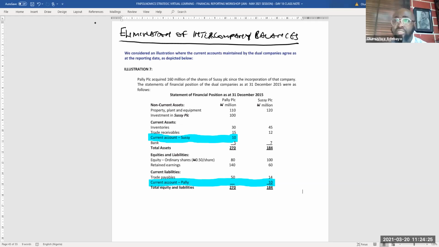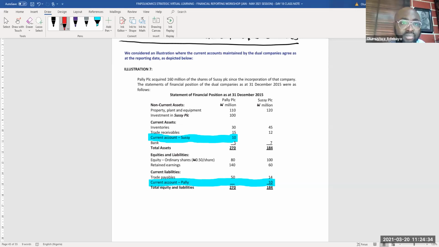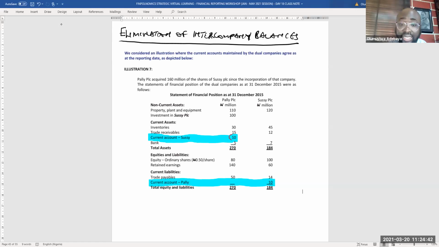What it simply means is that the parent may have sold goods to the subsidiary, probably from what resulted from the last time of our discussion, and it has a standing balance to collect from the subsidiary of 10 million. Likewise, the subsidiary also acknowledged that, yes, I'm owing my parent 10 million.